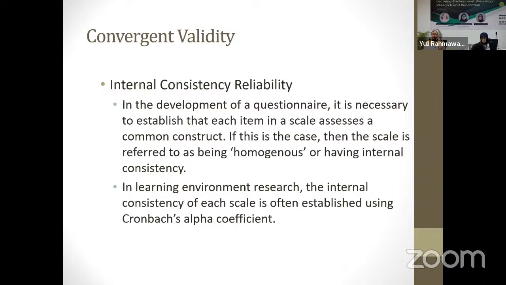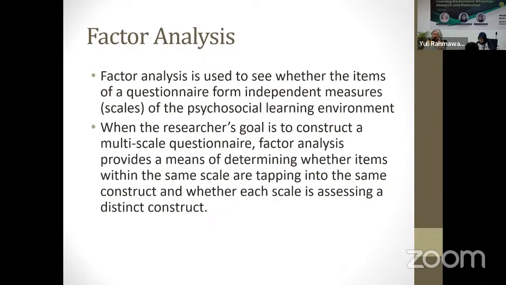In learning environment research, the internal consistency of each scale is established using the Cronbach alpha coefficient, which you did today. So you can do the face validity and the internal consistency.